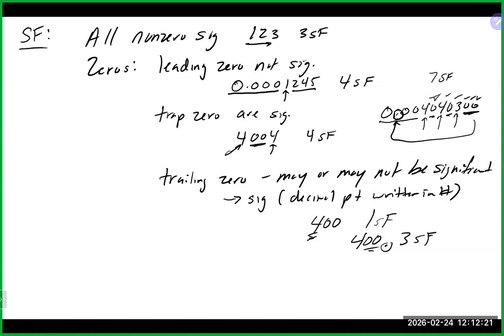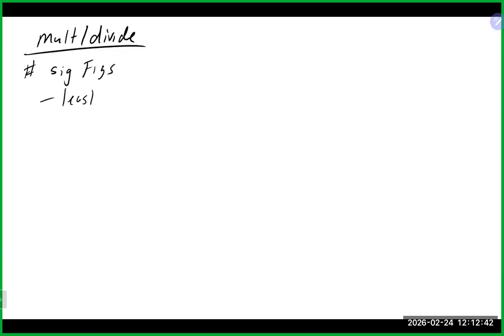Now, when we use significant figures in calculations, we want to always give our answers to the proper number of significant figures. The two types of calculations that we do are multiply or divide. And when we multiply and divide, we look at the number of sig figs, and it is the least number of sig figs your answer should have.